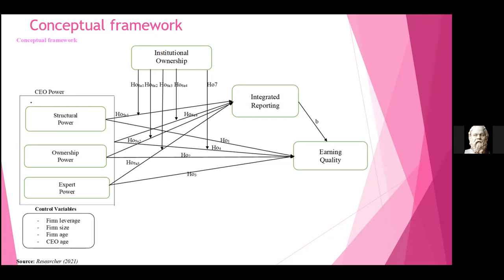The other comment, Chair, relates to what Ibrahim did say earlier on the control variables. I know that if you look at research on earnings quality, previous studies, most of them have tended to bring these as significant predictors, like firm leverage, firm size, age, and CEO.